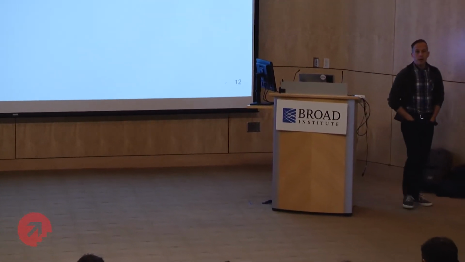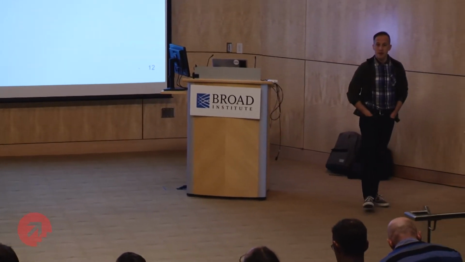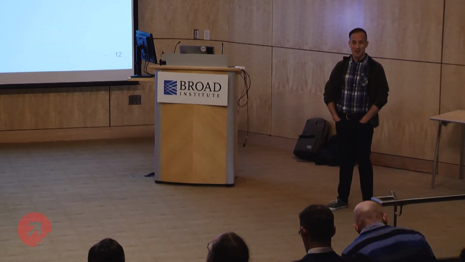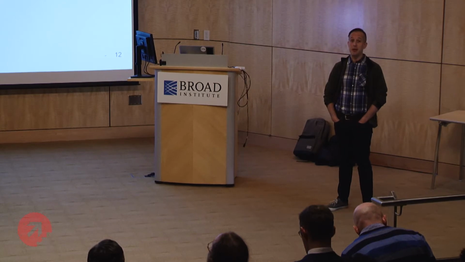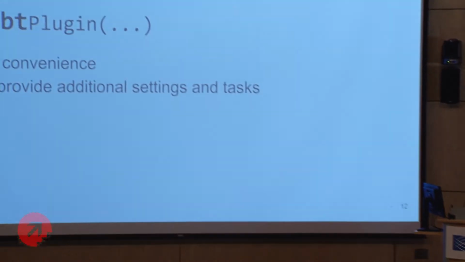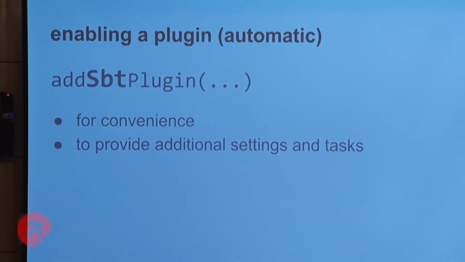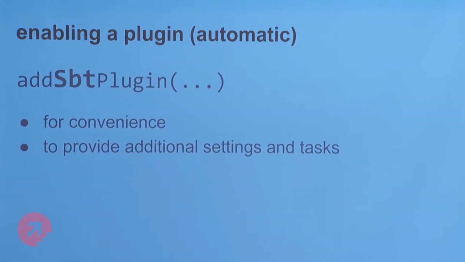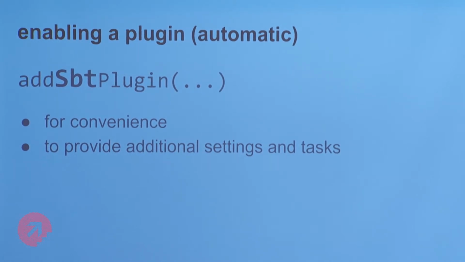The most common way of using a compiler plugin is actually what you add to your build is something that says add SBT plugin. And because this is so common, I think often people don't even know whether a compiler plugin is involved or not. Compiler plugin authors do this for two reasons.